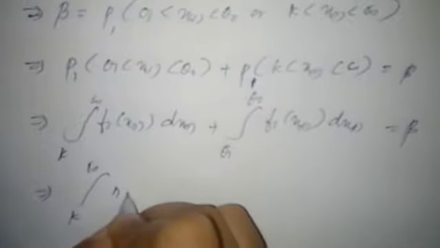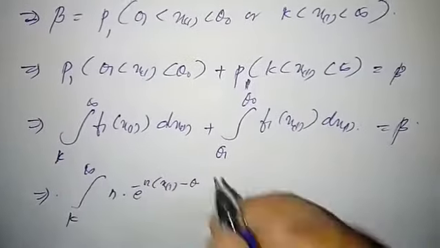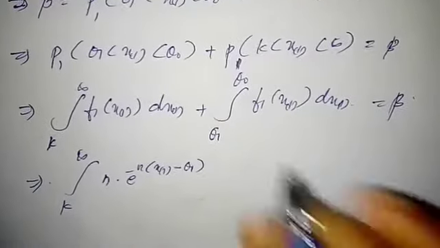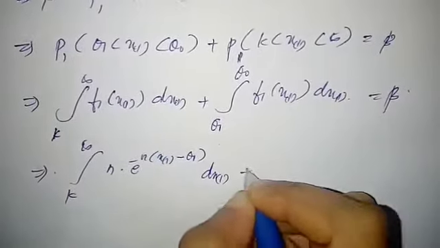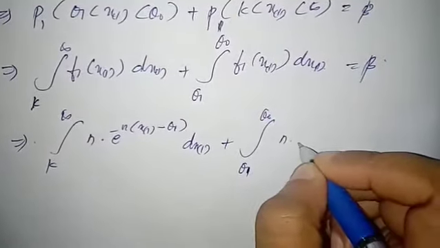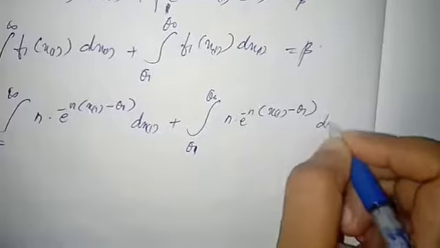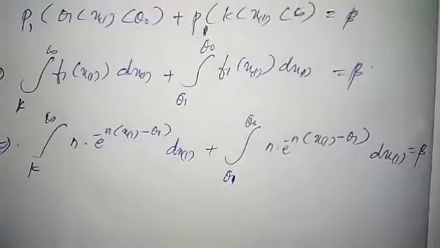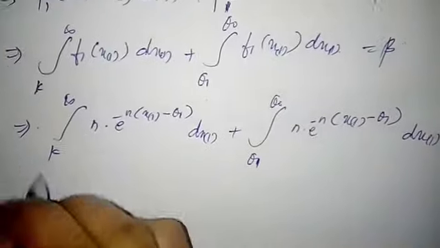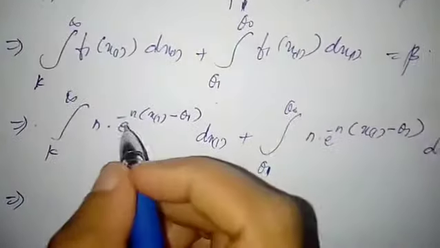It is n into e power minus n x1 minus theta, here under H1, that is theta 1. So the integral over k to infinity of n e power minus n x1 minus theta 1 dx1 plus the integral over theta 1 to theta naught of n e power minus n x1 minus theta 1 dx1 equals beta. Then we integrate these terms, taking the common term outside.